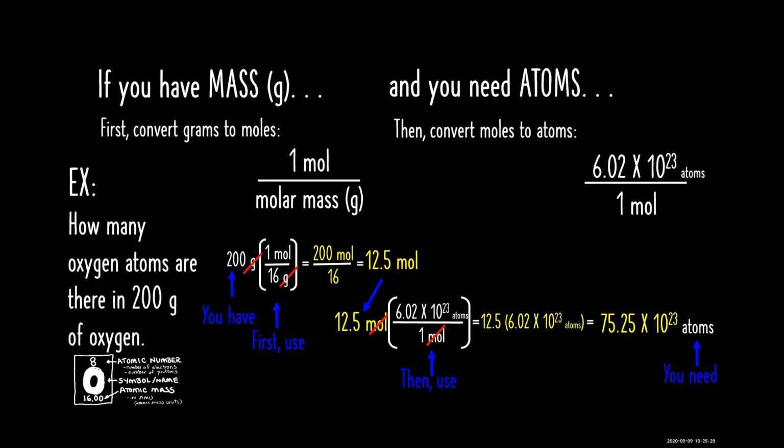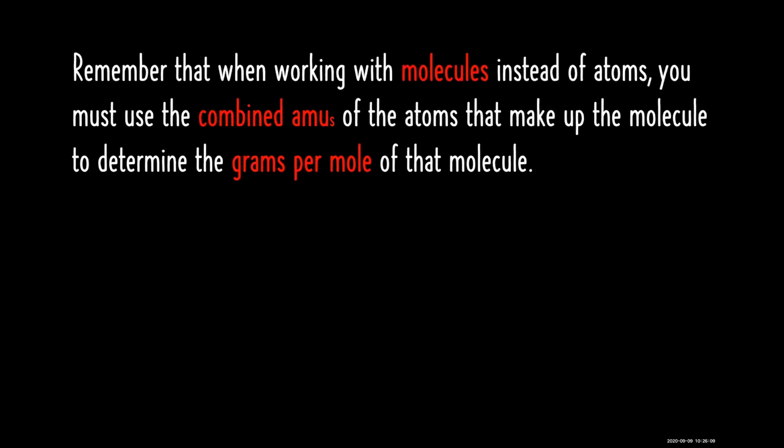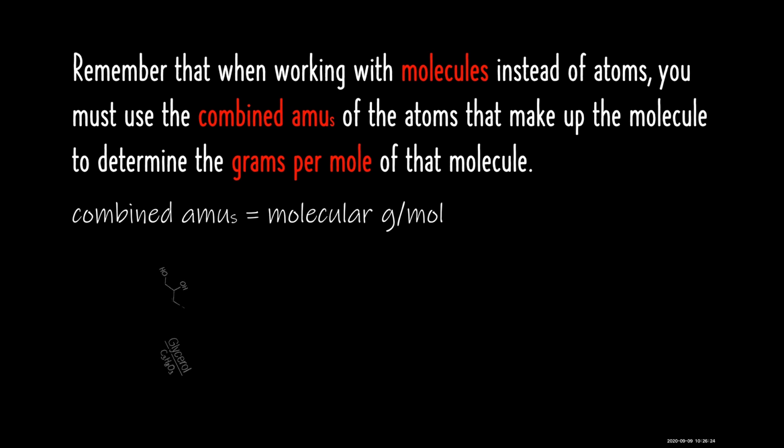Remember that when working with molecules, which are sets of atoms, you must use the combined AMUs of the atoms that make up the molecule to determine the grams per mole of that molecule. Combined AMUs equal the molecular grams per mole. Glycerol will be our example.